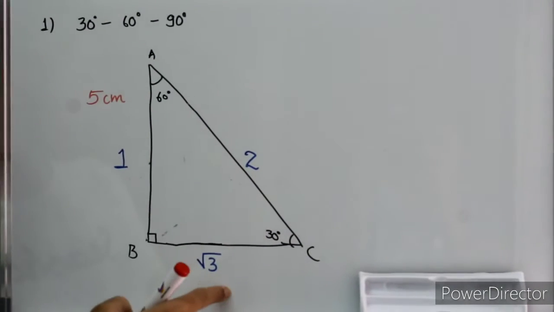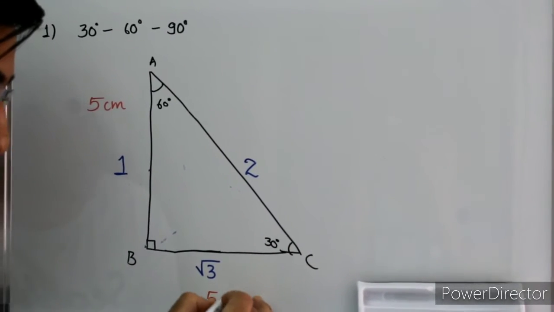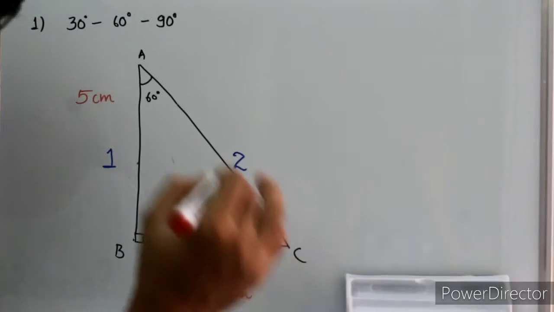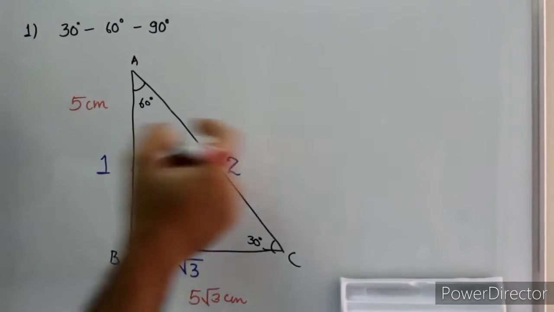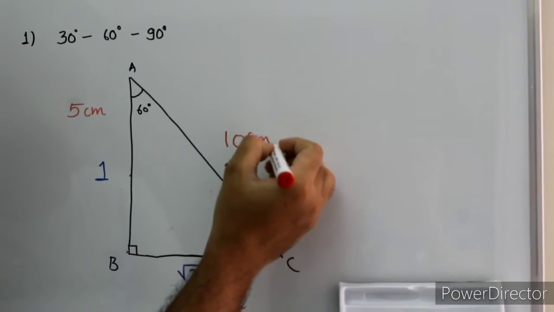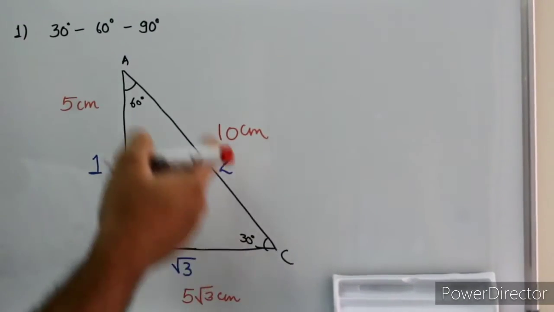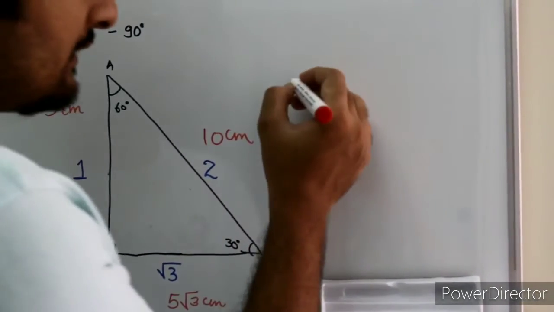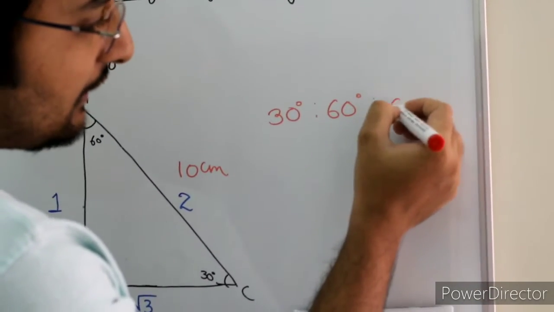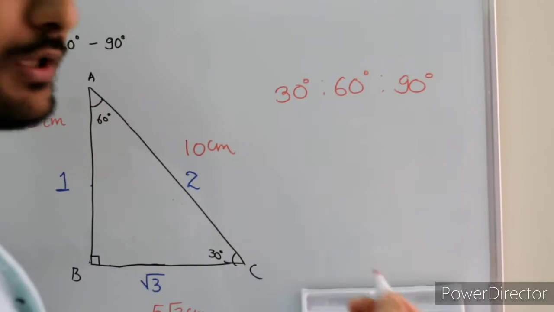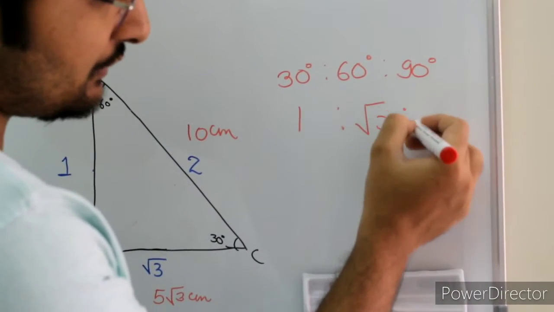So the side opposite to 60 will be root 3 times of 5, that will be 5 root 3 centimeter. And the side opposite to 90 will be twice the side opposite to 30, so that will be 10 centimeter. So if we know one side, we can find the other 2 sides by just looking at the ratio. The side opposite to 30, the side opposite to 60 and the side opposite to 90 will always maintain this ratio: 1 is to root 3 is to 2.